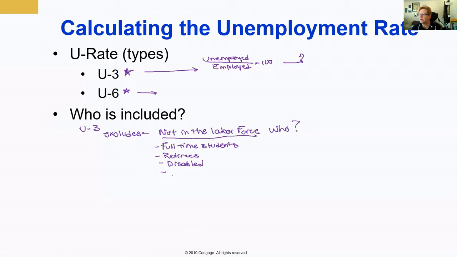I hope we all get there. Oh, let's see who else is in there. The incarcerated. Okay, and also the active military. Okay, so when we talk about excluding all of those factions, I also want to put discouraged workers here because that's an important one to look at.